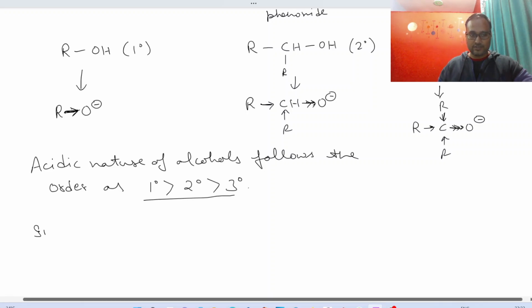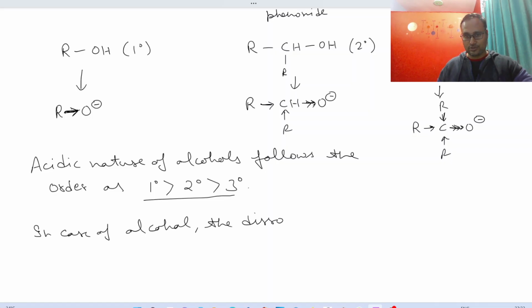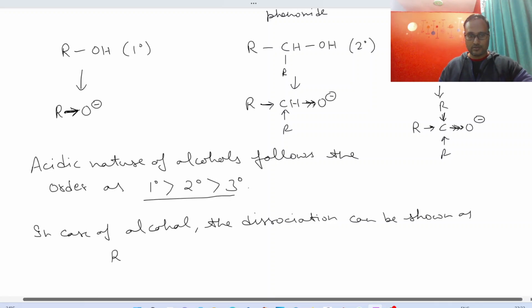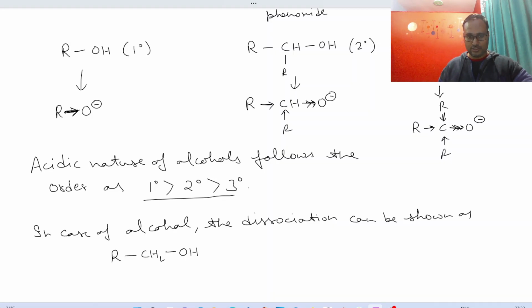In case of alcohol, the dissociation can be shown as RCH2OH.